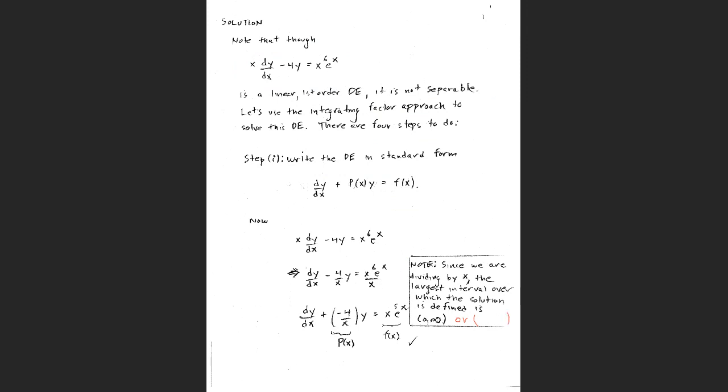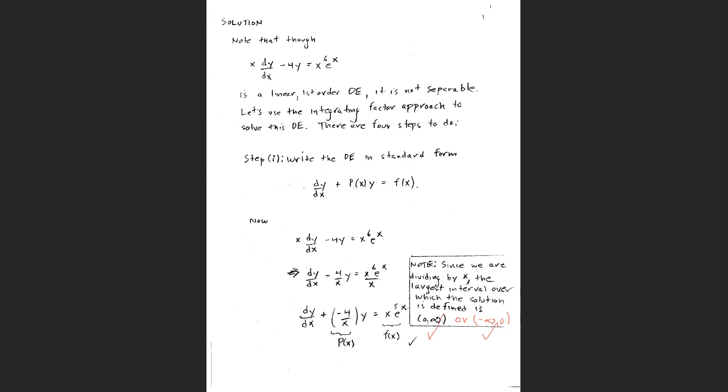Negative infinity to 0. Good, Justin. Negative infinity to 0. So which interval you would choose would depend, like if you were given an initial condition in addition to the differential equation, that would tell you which is the right interval to choose.